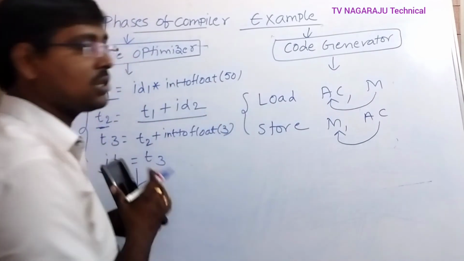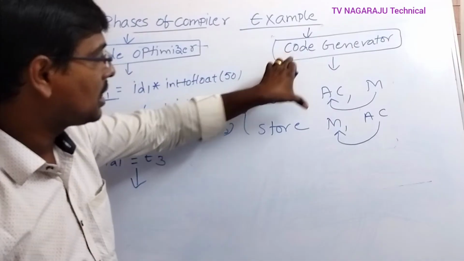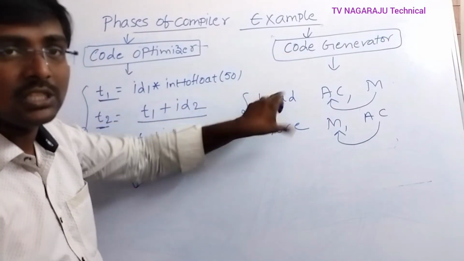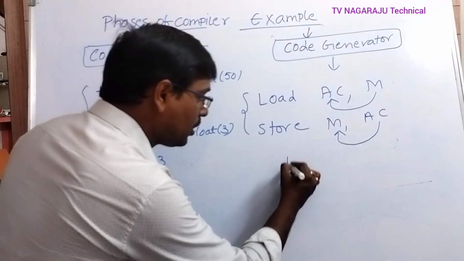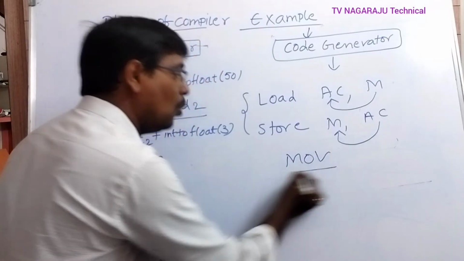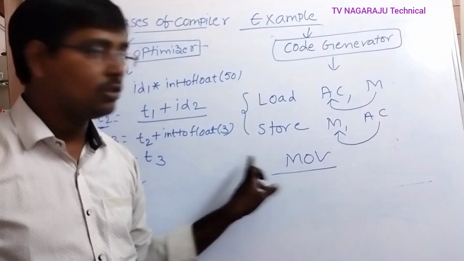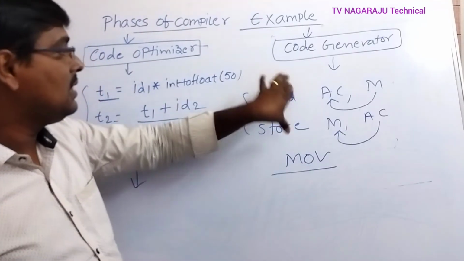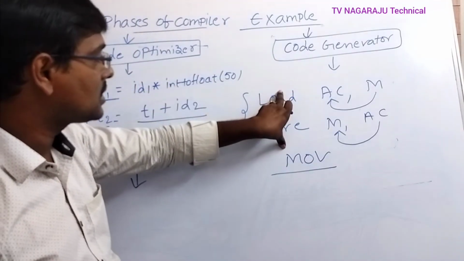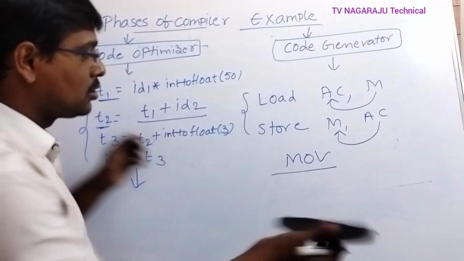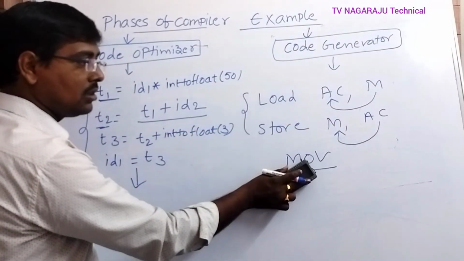This is the store instruction. Here for code generator we are using these two instructions, or simply you can use a single instruction move. Actually in the previous example we discussed with move. That is the reason in this session, in this example, we will discuss these two. Okay. So whatever it is, you can use this pair or this one.